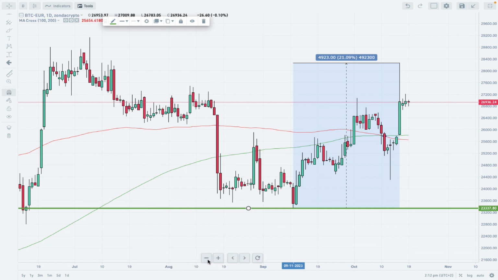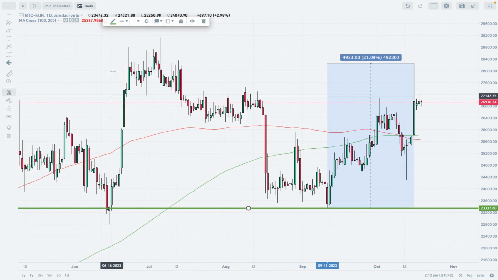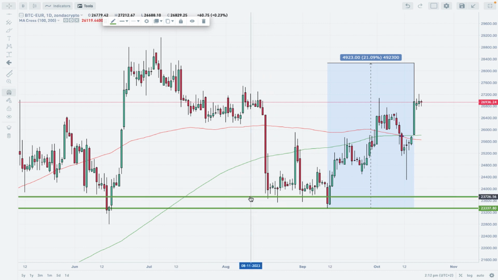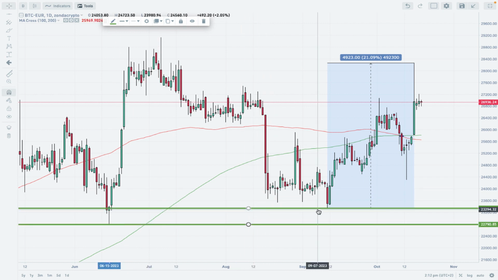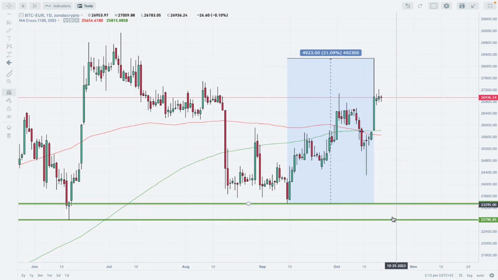And if we zoom out, we can see we got one more level here. There's nothing wrong with marking this one as well, so we can have a nice support level, and these two horizontal support levels, 23,337 and 22,790, build a very nice demand zone on a daily time frame chart.